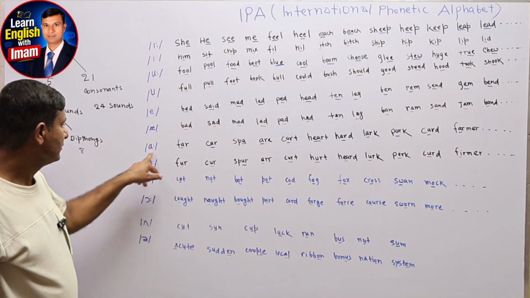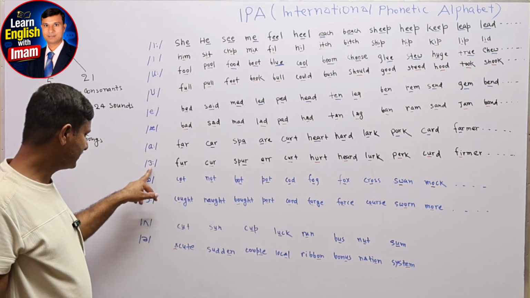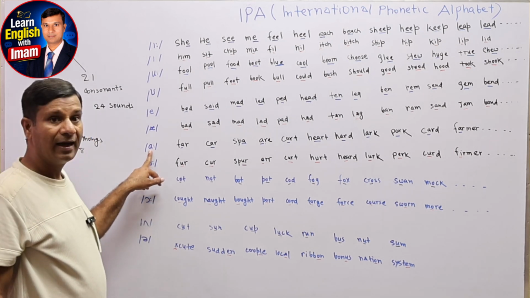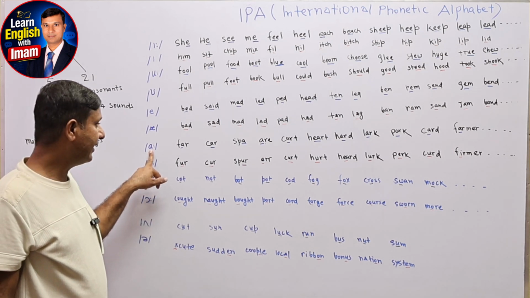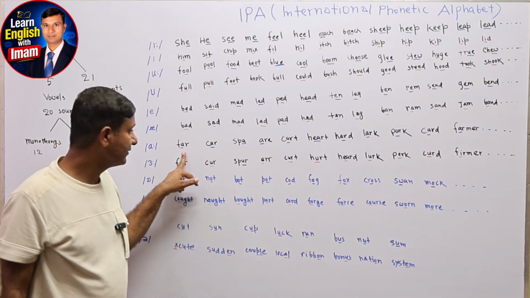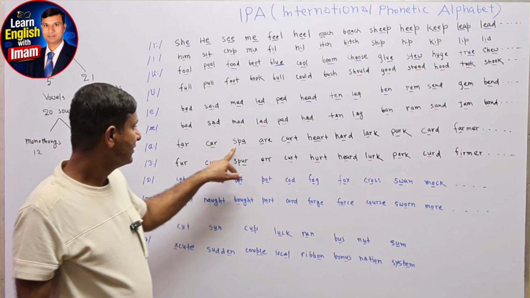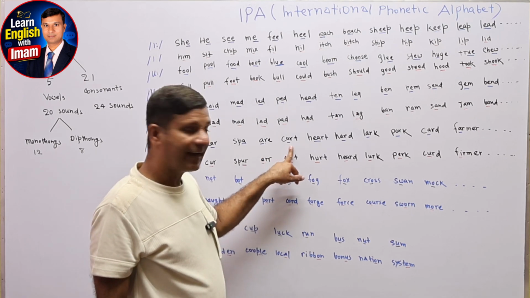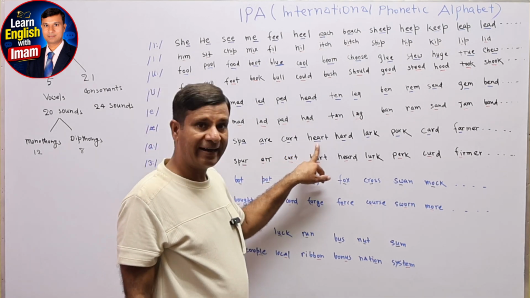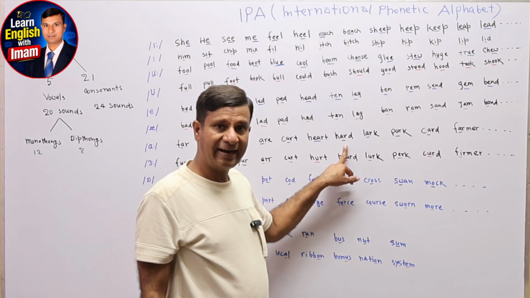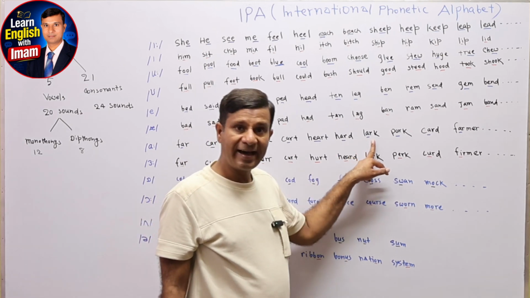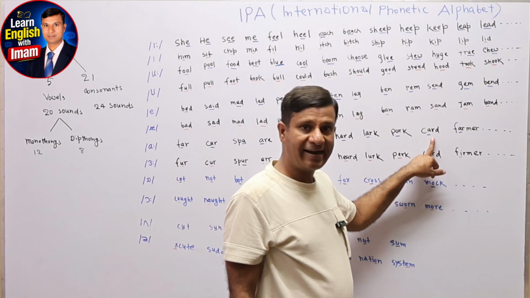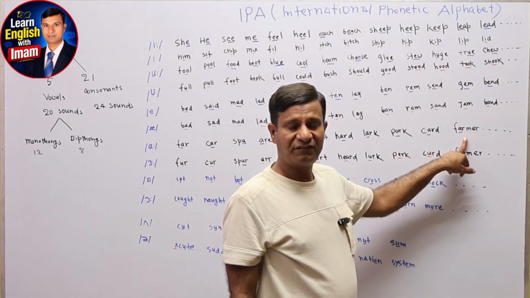Now these are all long sounds. It's a little bit lower, a short sound. This one is a long sound: spa, cat, heart, hard, lark, park, card, farmer.